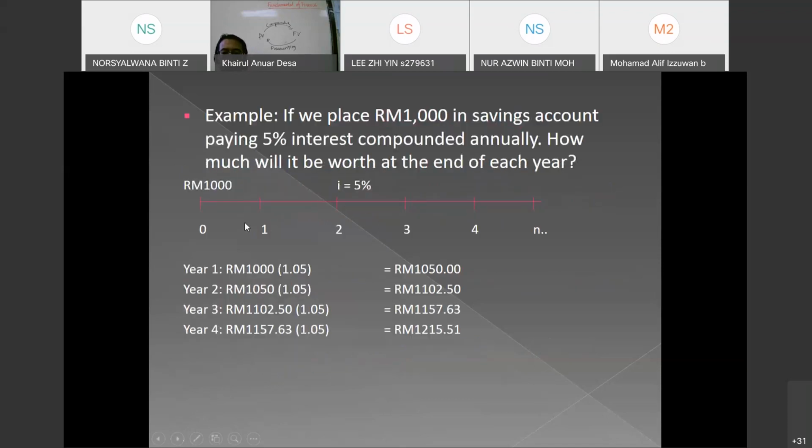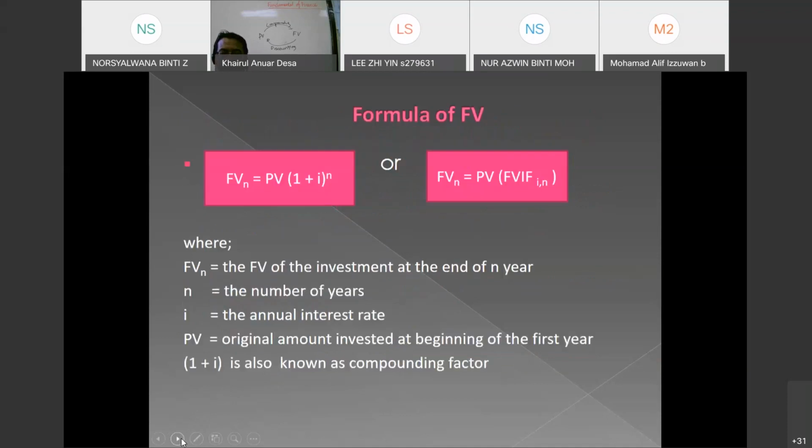Alright, ini kita dah tengok. This is the first example that we discussed in the previous class. Okay, this is the formula for future value. Future value equal to present value times 1 plus i over n.